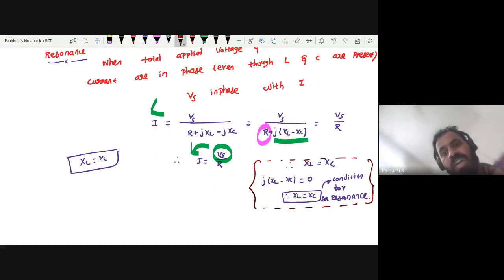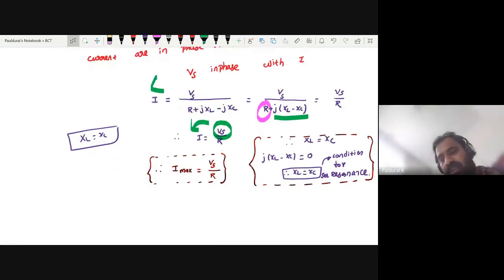At resonance, what is my maximum current? Therefore I max. At resonance, if XL equal to XC, the current is given by Vs, the applied voltage, divided by resistance. XL and XC won't come into the picture because both cancel each other.